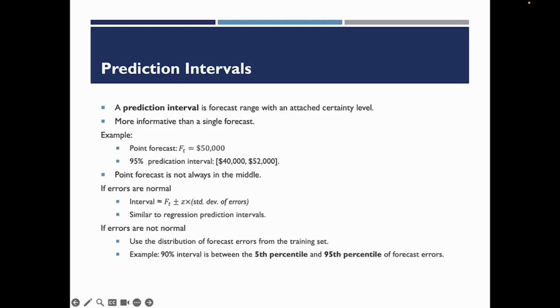Like a 95% prediction interval can be constructed by taking the 2.5th and 97.5th percentiles of the observed errors, not the 5th. And if we do 90% here, we take the 5th and the 95th percentiles of the forecasting errors. So we will see an example when we do the Amtrak, when we move into R.